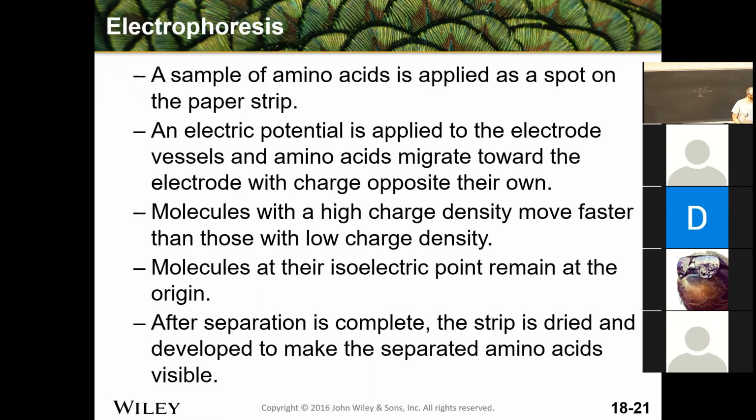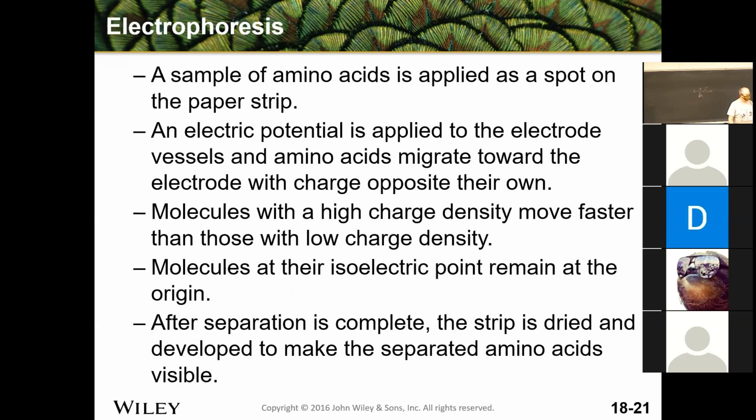And then we apply an electric potential. The amino acids will migrate toward the electrode with a charge opposite of their own. Molecules with a high charge density will move faster than those with a lower charge density. And molecules that have an isoelectric point where the charges are balanced will remain at the origin.